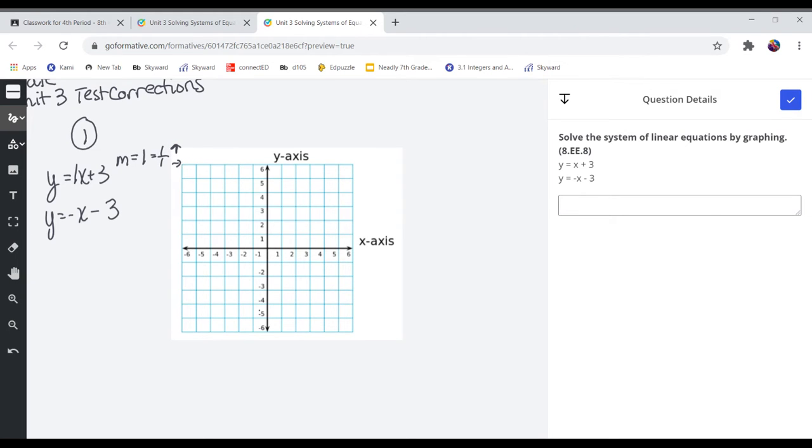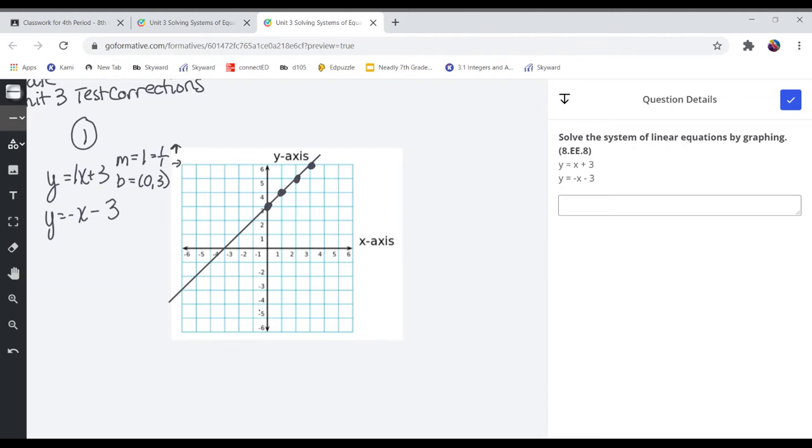And my y-intercept, my b, is 0, 3. So I'm going to plot 0, 3, and use my slope of going up 1 to the right 1, up 1 to the right 1, up 1 to the right 1. Then I'm going to draw a straight line through my points, and I'm going to extend it.